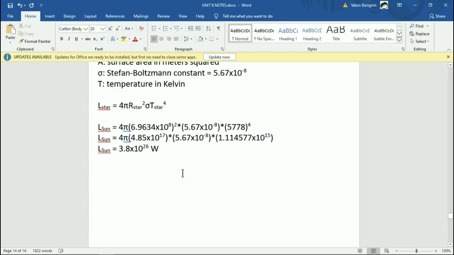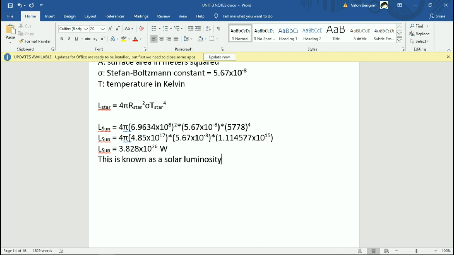Just like how we had Earth masses and solar radii and even the astronomical unit as the distance between Earth and the sun, now we also have this term, and we should use the non-rounded one, so 3.828 times 10 to the 26. In other words, this is known as a solar luminosity. And so we can compare different stars to this.